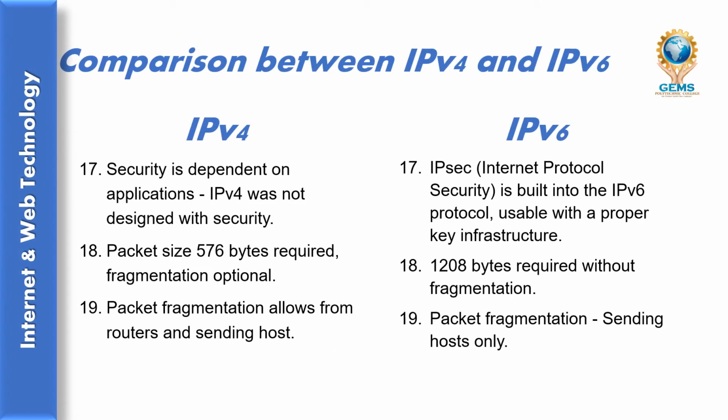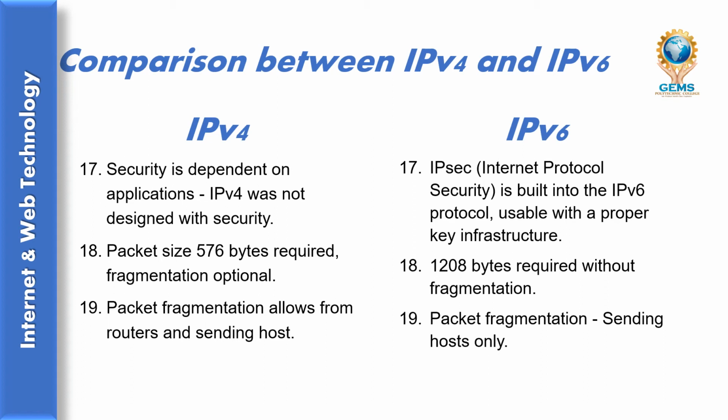In IPv4, security depends on the applications. IPv4 was not designed with security, but in IPv6, Internet Protocol security is built into the protocol and is usable with the proper key infrastructure.